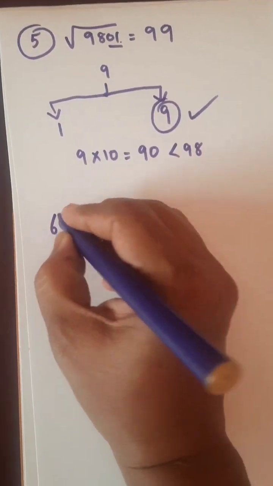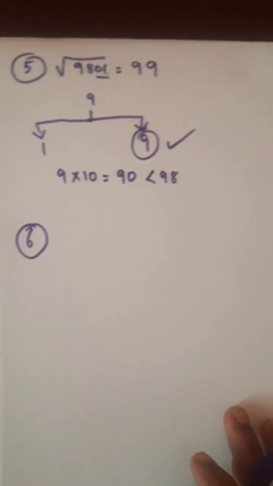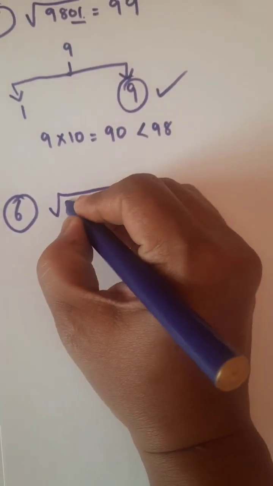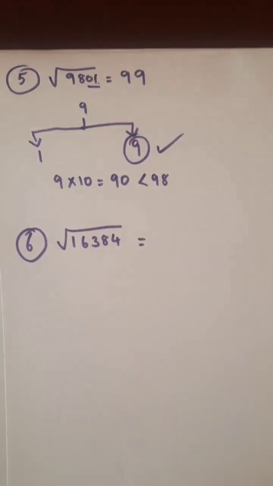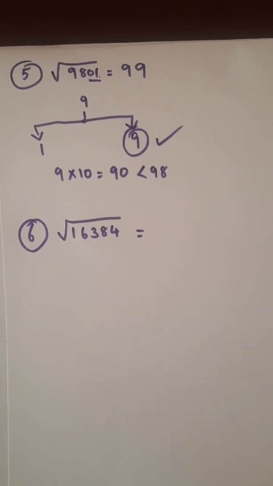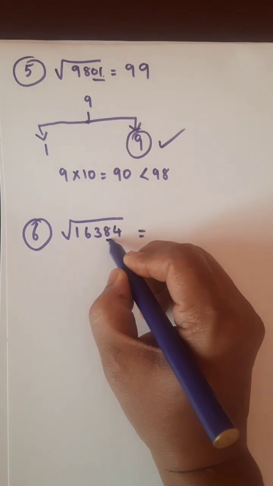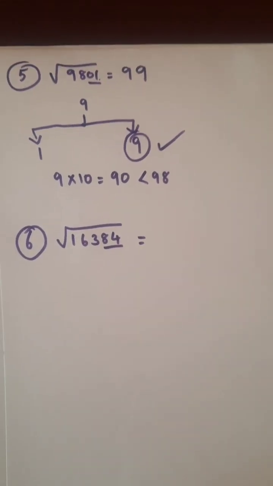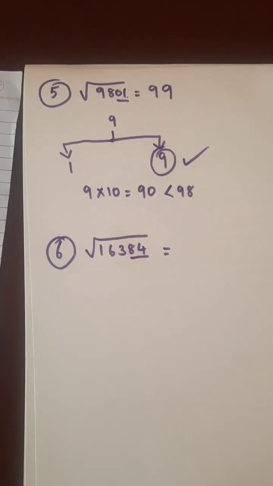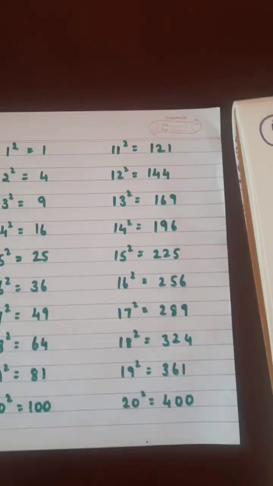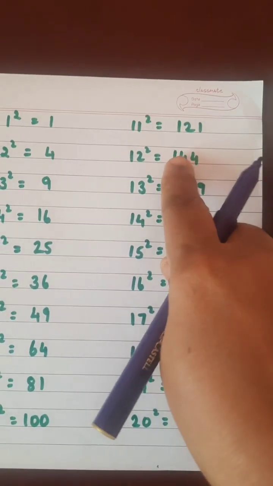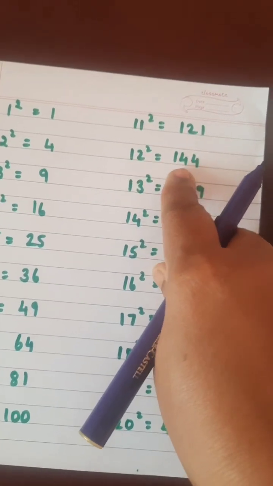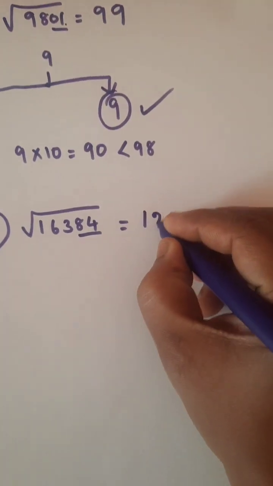Now I will give you one example of a 5-digit number also. Root of 16384. What is the square root of 16384? Here also the same thing. We segregate the last two digits, and remaining we have 163. Check in your table the nearest square number for 163, that is 12 square, which is 144. So I will write that 12 here.